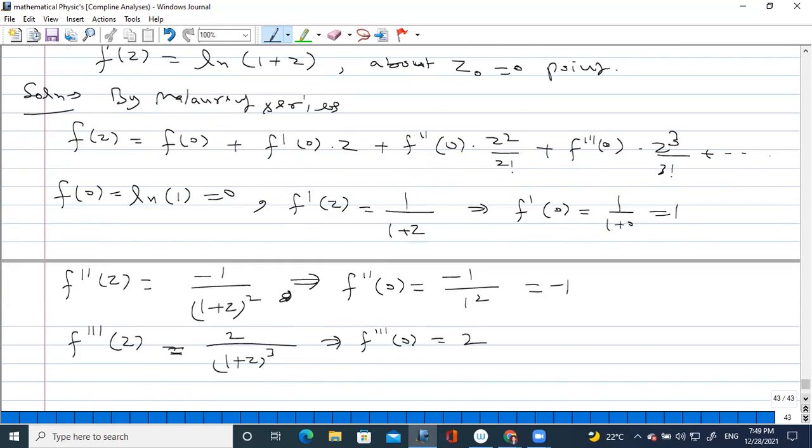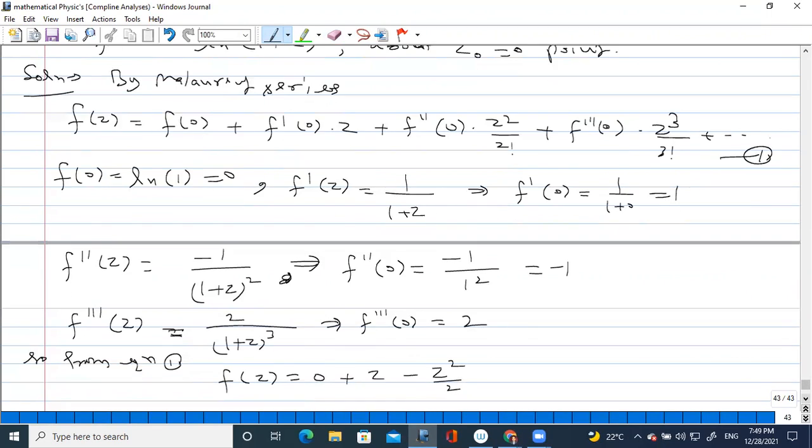So now these values I will put in the series. This is my series. So from equation 1, f(z) will be f(0), whose value is 0 only, plus f'(0) is 1, so 1 into z, that is z, and plus f''(0) is minus 1, so that will be minus z square by 2.